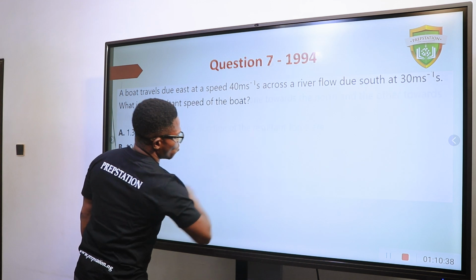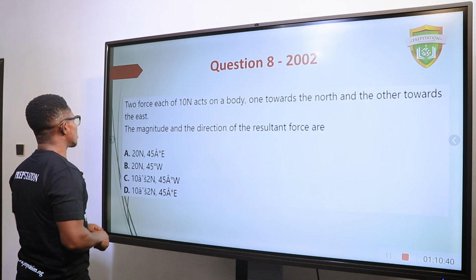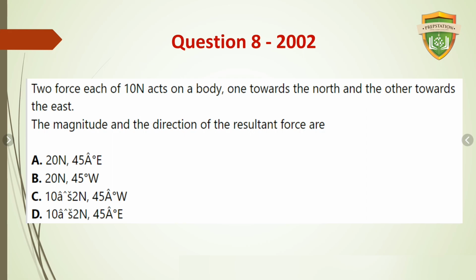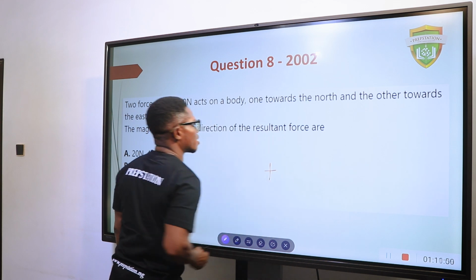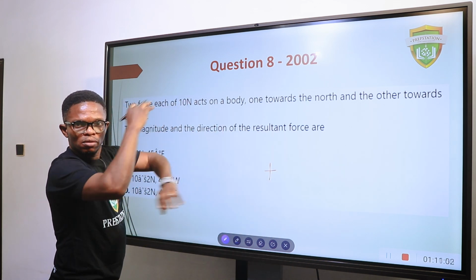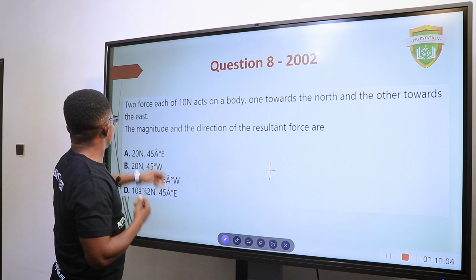Let's move quickly. Question 8. Two forces of 10 Newton act on a body, one towards the north and the other towards the east. The magnitude and the direction of the resultant force are required. Same method. Ensure to start with your cardinals, just something like a small cross, and then represent the vectors one after the other.